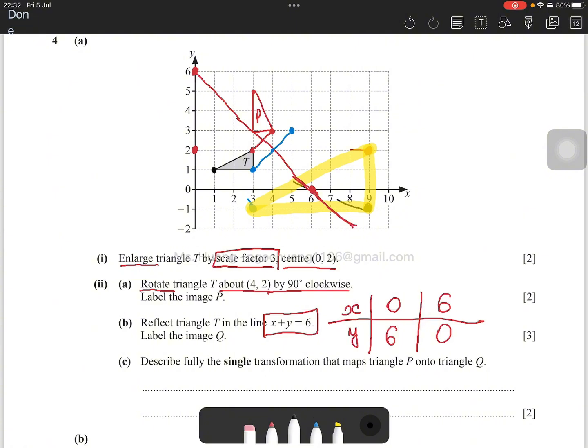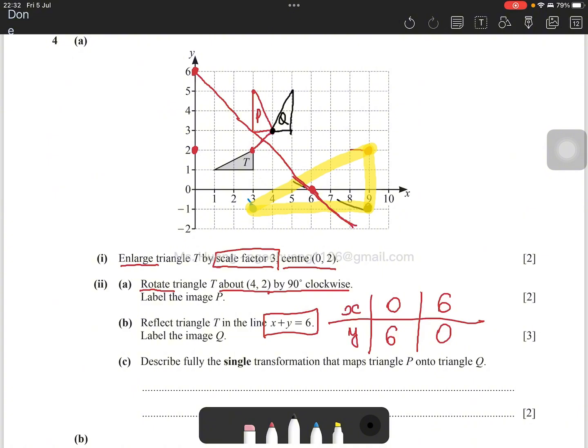Finally, for the black vertex, we count on 2 units, so we continue 2 units, and the new vertex is here. Now we will join these 3 vertices together, and the new triangle will be like this. This is the triangle Q.